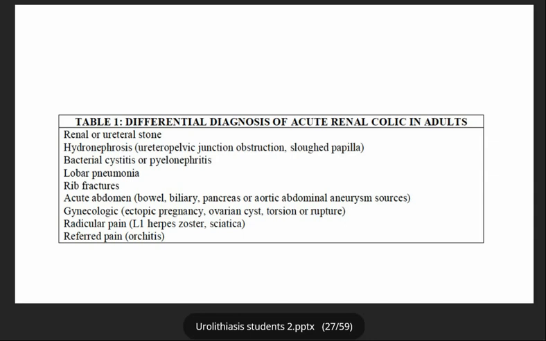Also gynecological problems, ectopic pregnancy or ovarian torsion or rupture. Also herpes zoster. If the patient has herpes zoster, they can have pain. Unless you undress them and examine their skin, you wouldn't know. So it's important to undress the patient and check the skin to make sure the patient doesn't have herpes zoster. Finally, it can be referred pain from orchitis.